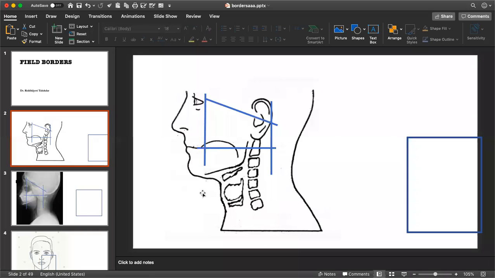Okay, sir. What if the nodes are involved? Yeah, we are coming to that. This is just the field borders for your maxillary sinus.